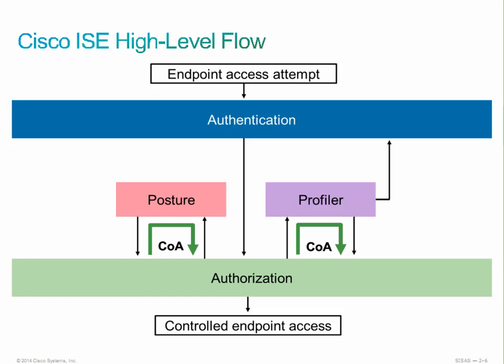If we do have posturing services deployed, the authorization profile based on the authentication credentials will identify that the device needs to go through some sort of posture assessment and potentially remediation. Once that posture assessment begins, the endpoint is determined as being either compliant or non-compliant, and we may be able to offer some sort of change of authorization based on the state change of that particular device.